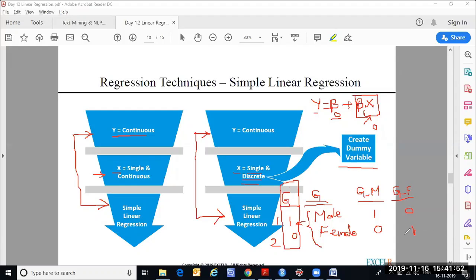Here also we're getting biased. If I replace this gender value, 1 for male and 2 for female, that means I'm giving more weightage to female records.